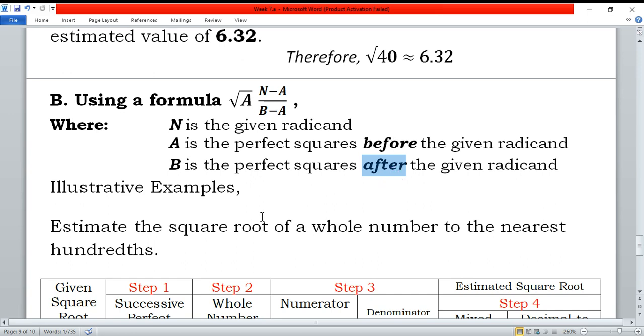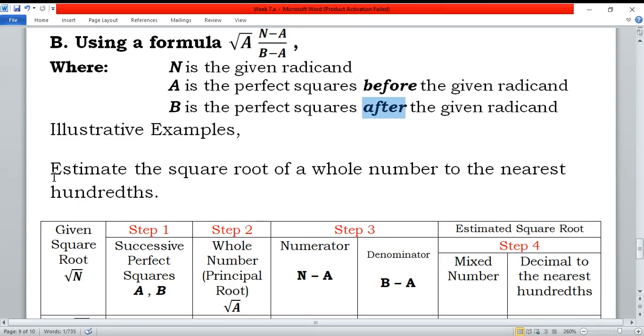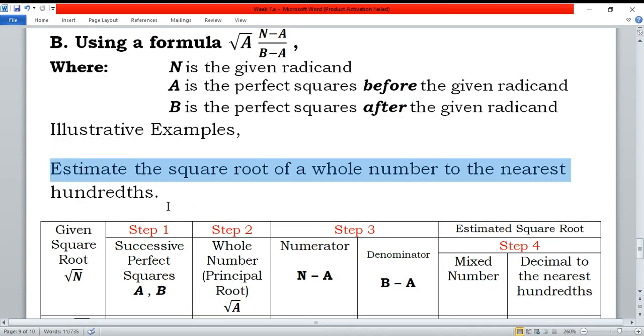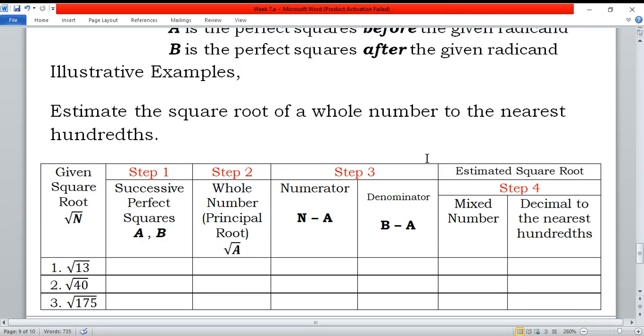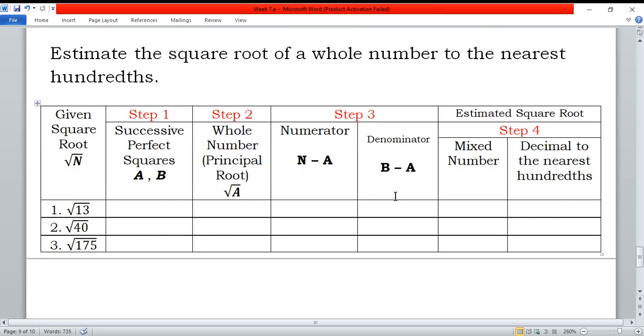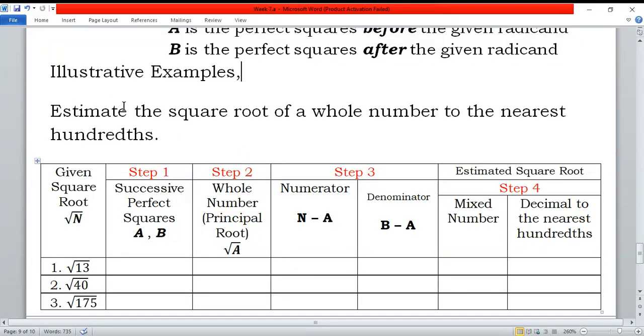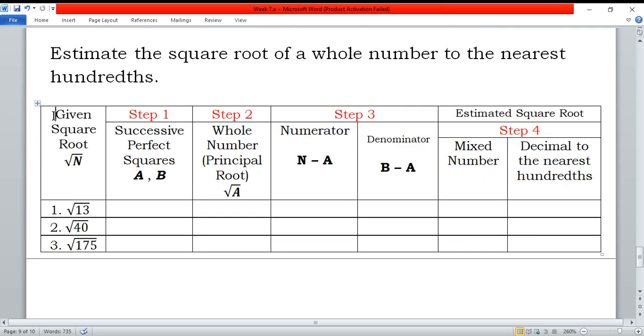Okay? So, let's have illustrative examples. Estimate the square root of a whole number to the nearest hundredths. Meron tayong ginawa rito na table for the purpose of presentation. Ito yung mga given natin. Let's say, number 1 is square root of 13, number 2 is square root of 40, number 3 is square root of 175.